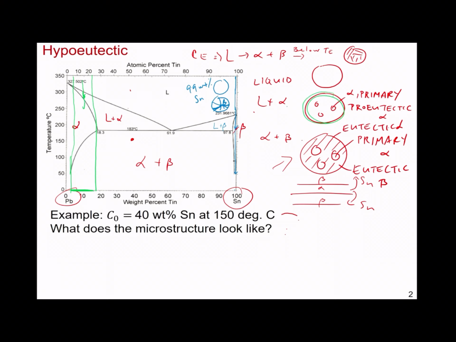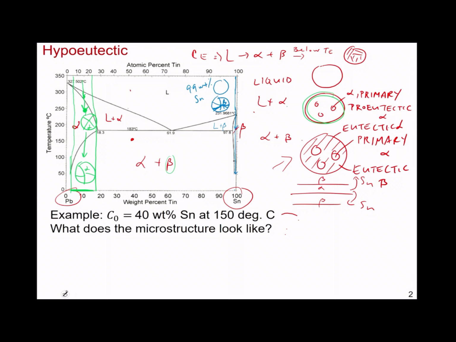And then I solidify and go into an all-solid alpha region. So then it would look something like this, where I just have grains of alpha. So it's all solid alpha at this point. And let's say I keep on going down. Now some beta has to form, but not that much. So what does it look like? I still have alpha grains, all solid.